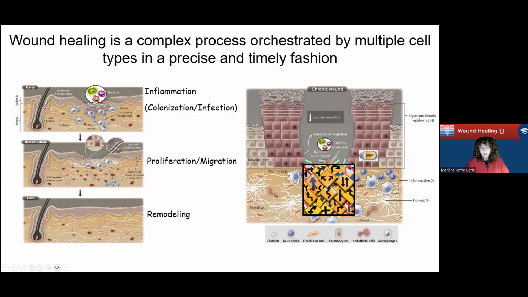However, in the context of a chronic wound environment, this entire process does not execute properly. There is a large portion of cellular mismatched crosstalk where the signals are simply not properly shared between the cells, and the cells do not execute this program properly.